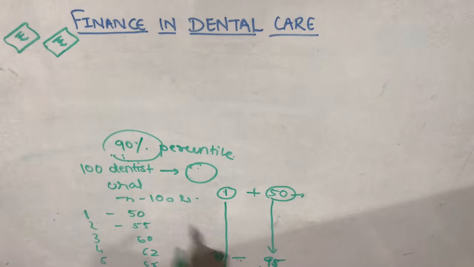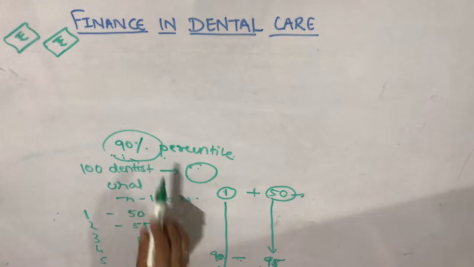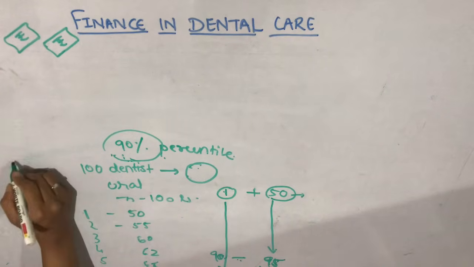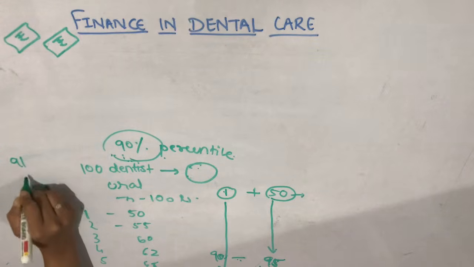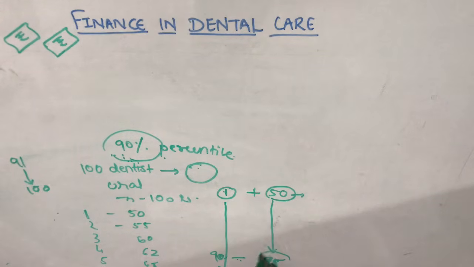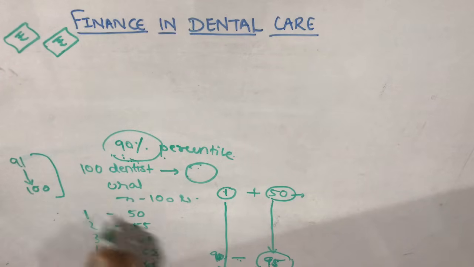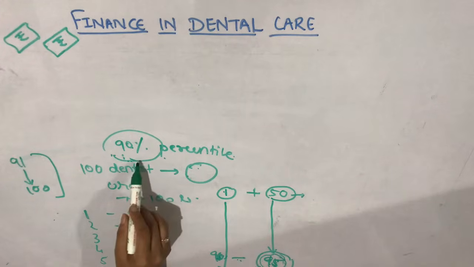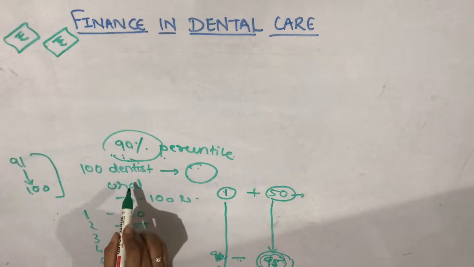But the disadvantage in this 90th percentile is that from number 91 till 100, the dentists will get 95 rupees only. The dentist at the 90th number had a price of 95, so all the dentists beyond 90 will get this same price only. This is the maximum price that can be given to a participating dentist.